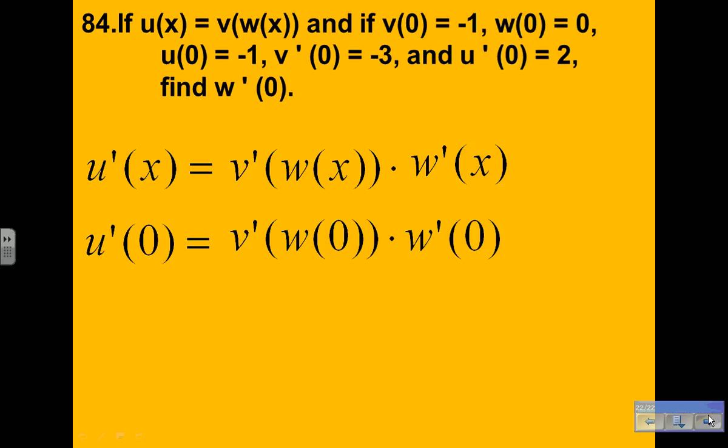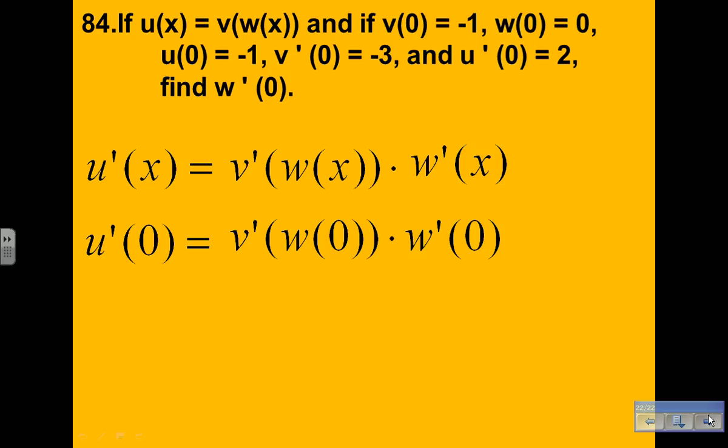What does u prime of 0 equal? It's in the given. u prime of 0 does equal 2. Yep. What about w of 0? What does that equal? w of 0 equals 0. And what's w prime of 0?